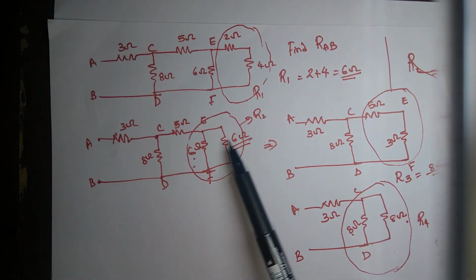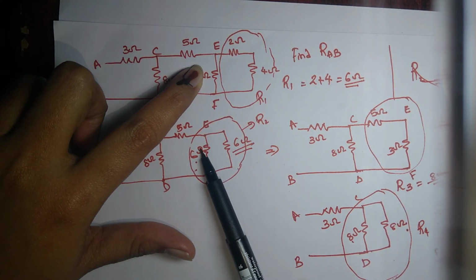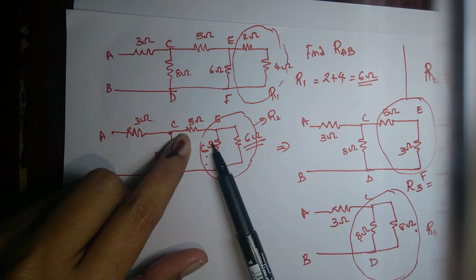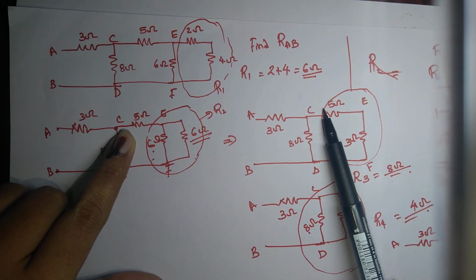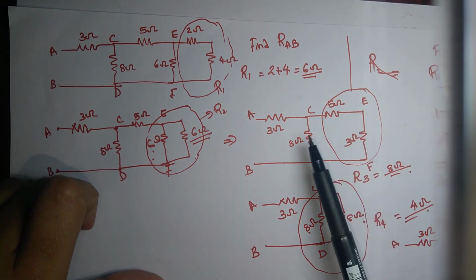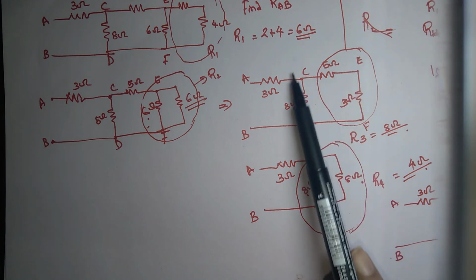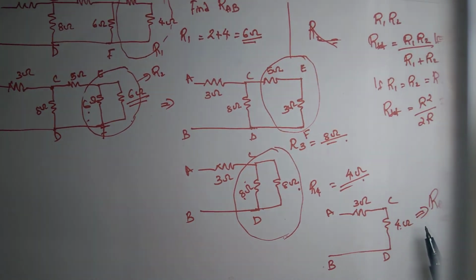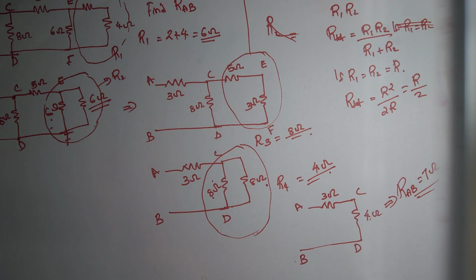Then this 6 and 6 is in parallel, so we get 3. Then this 3 and 5 are in series, so we get 8. And this 8 and this 8 are in parallel, so we get 4. And this 4 and 3 in series, so I get 7 ohm. So the answer is 7 ohm. Okay.